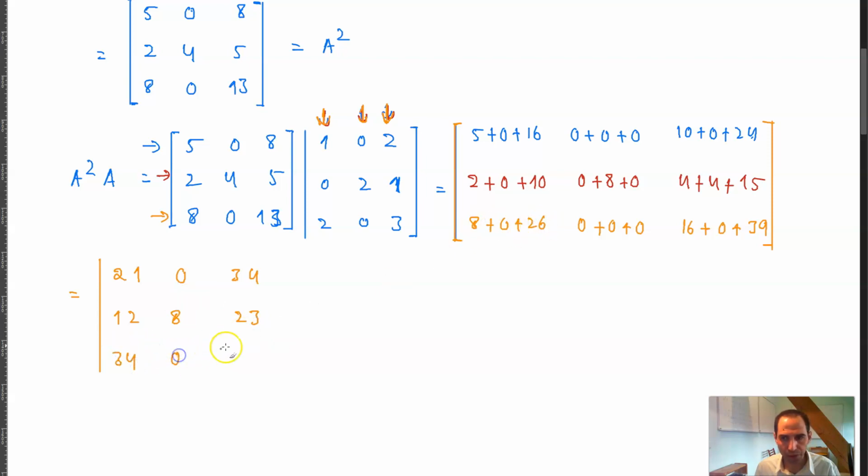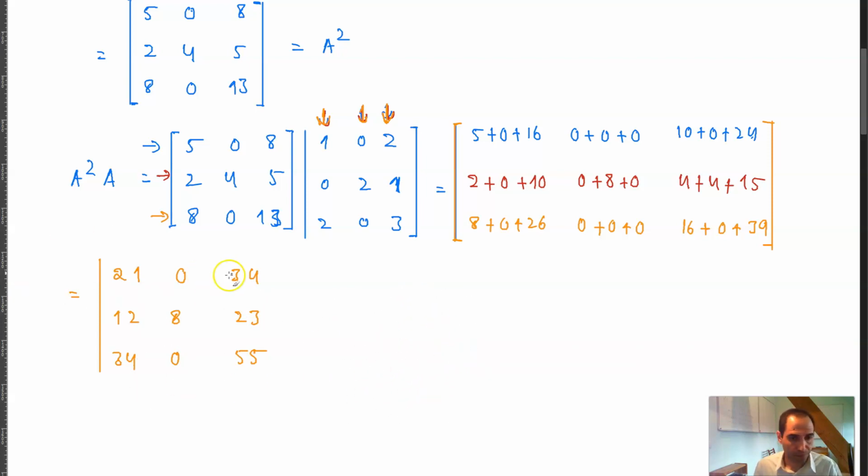And 0. And 39 plus 16 is equal to 55, right?